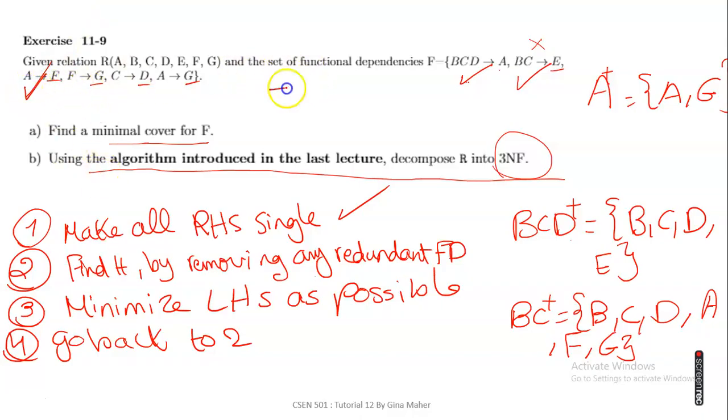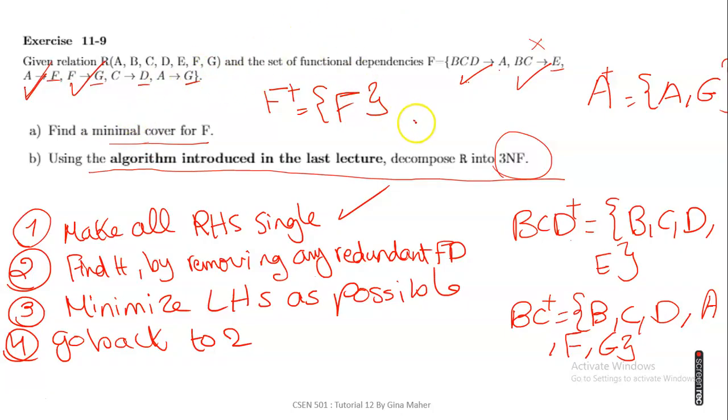F implies G. Let's get the closure of F. F is not there. BCD is not there. BC is not there. A is not there. We remove this. C is not there. A is not there. So it's actually F. So nothing can add the G except this one. So it's not redundant. Okay.